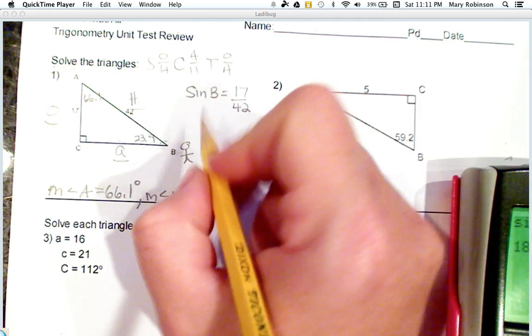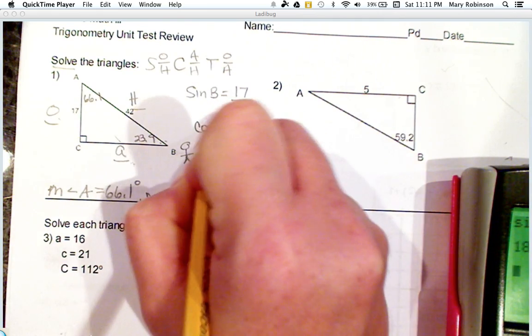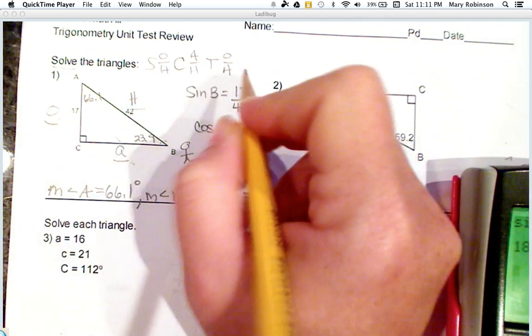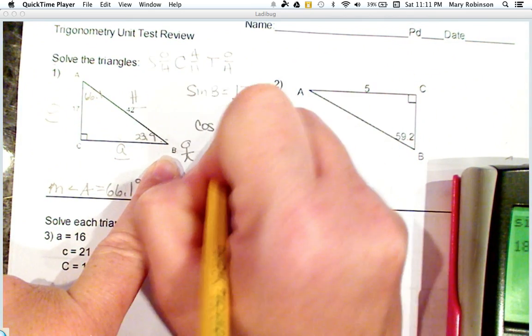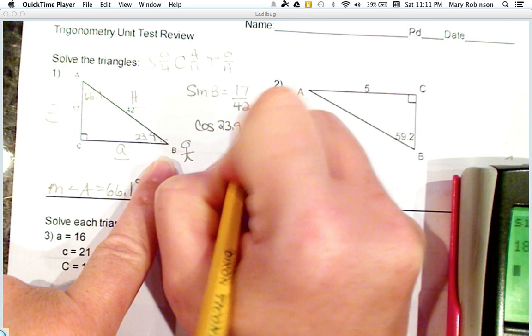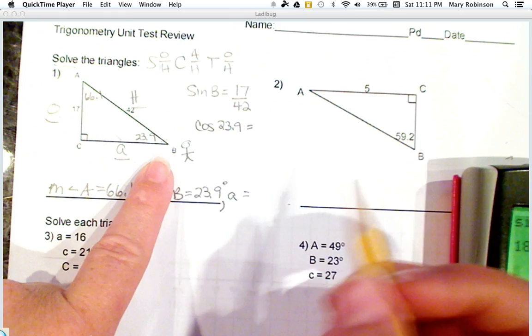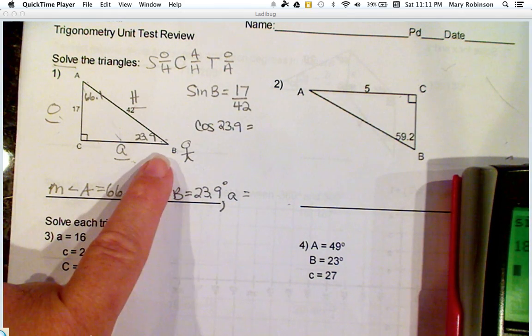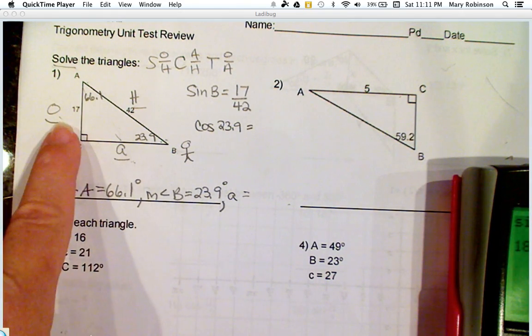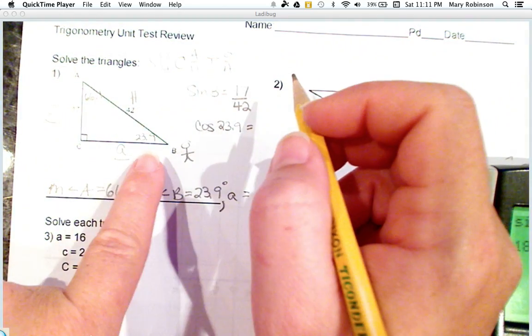I'm going to use cosine because I feel like it. The cosine of angle B, 23.9, equals the adjacent side over the hypotenuse. If you had chosen tangent, you would still get the same value.